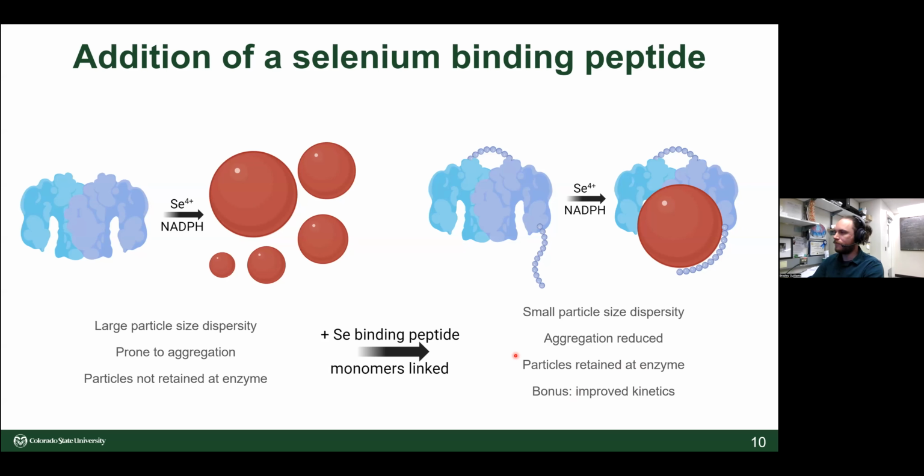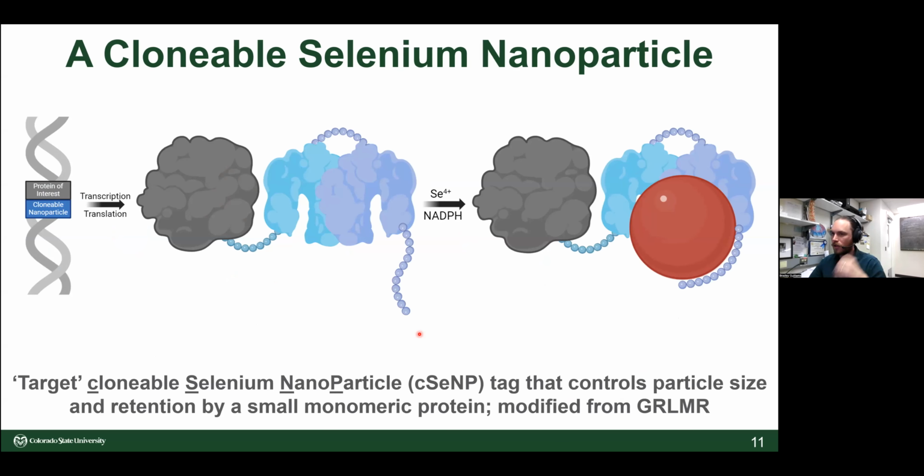So cool. So using this as a tag, we can create some generic chimera here with a protein of interest. Through transcription and translation, we end up with this covalently linked protein of interest and clonable selenium nanoparticle protein. Well, we add selenite and NADPH. NADPH, of course, is already in the cell.